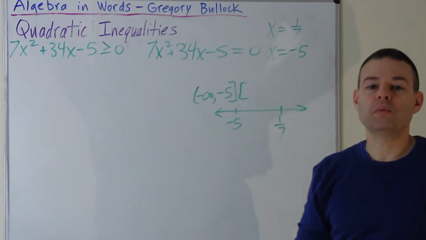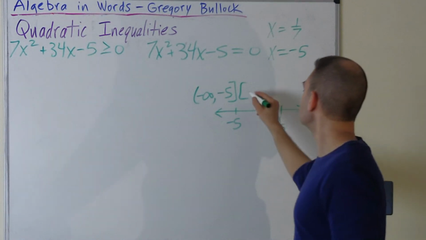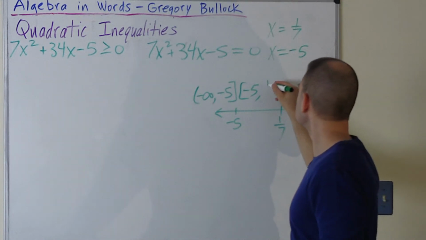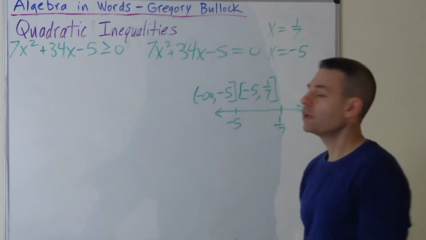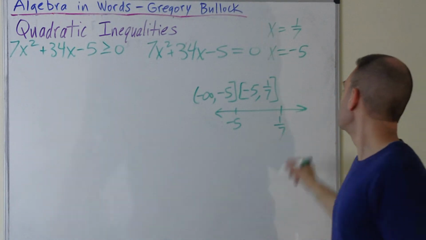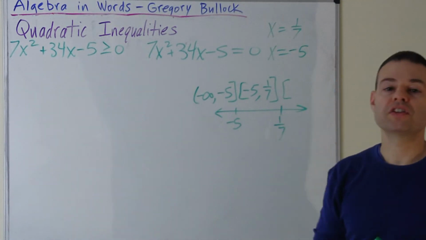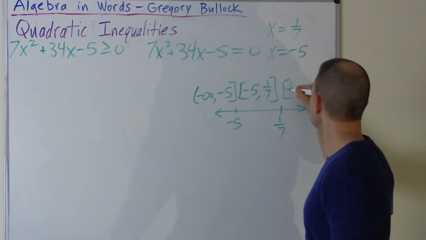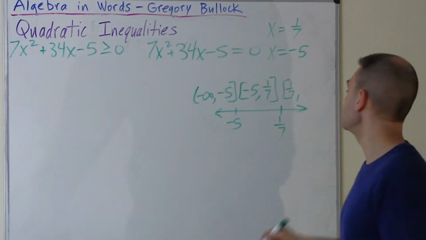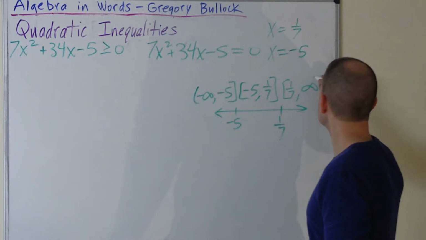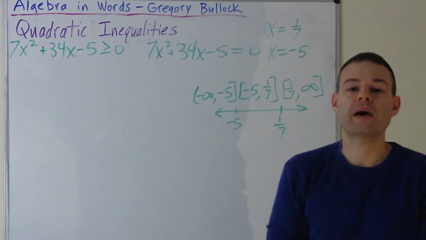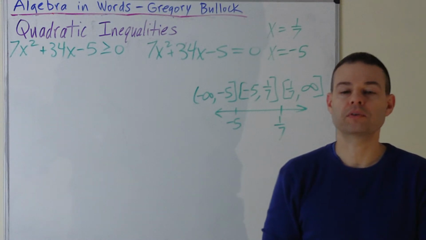The middle region will be bracket negative 5, comma 1/7, and close bracket. And the region on the right will be defined as bracket 1/7, comma, infinity. Okay, so now we have our three regions defined with interval notation.